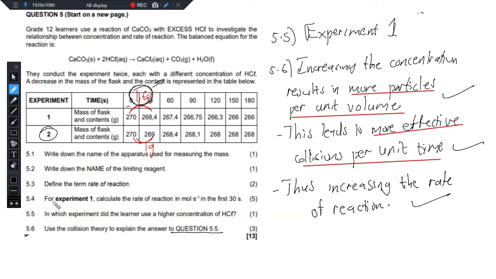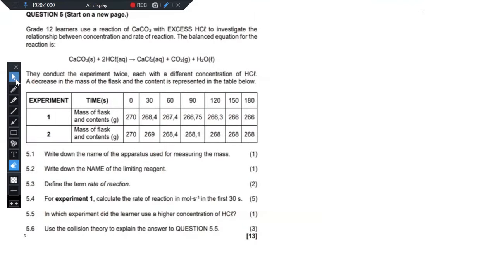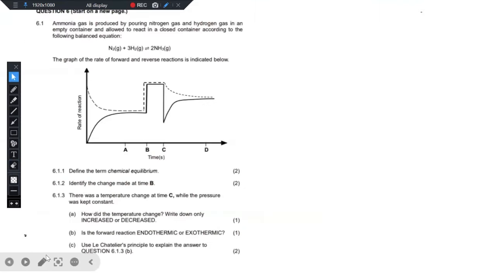And then sometimes there are those kinds of questions whereby you have to apply your stoichiometry for like 6 marks, but those are things that if you practice, you can end up mastering. Okay, then let's now move to question number 6, which is the enemy of most of you, chemical equilibrium.